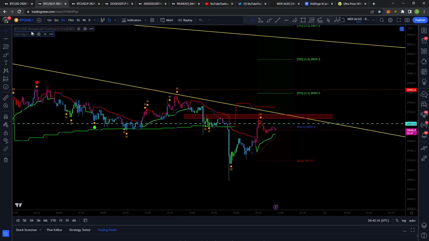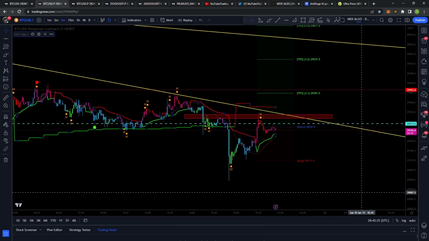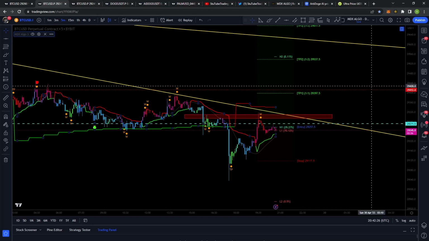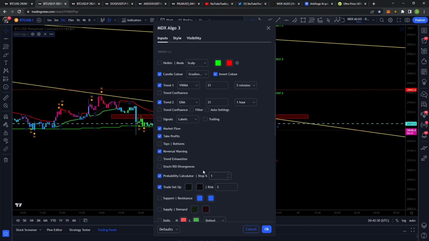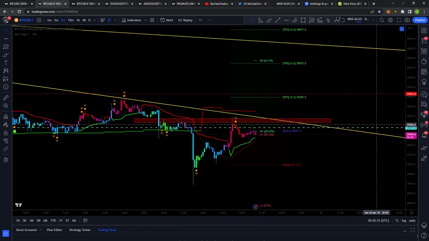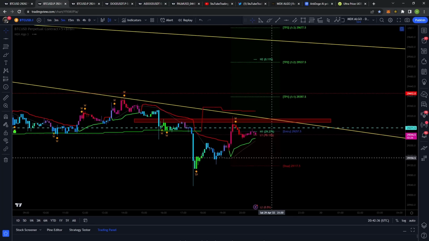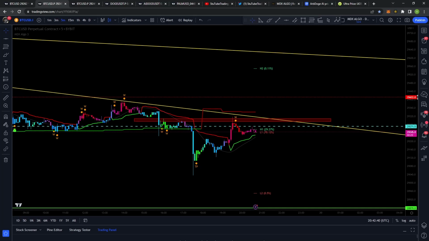Yeah, because the probability calculator there isn't actually these trade setups, if I understand correctly. Let me just clean a few things up here. Basically, these percentages are more so the chances that the current candle hits those levels.